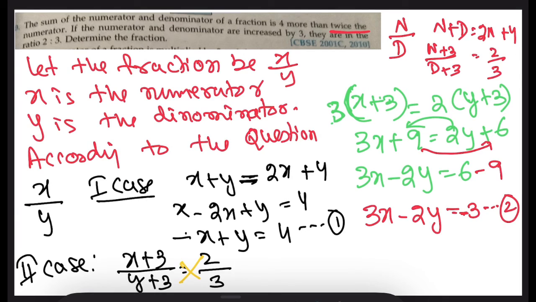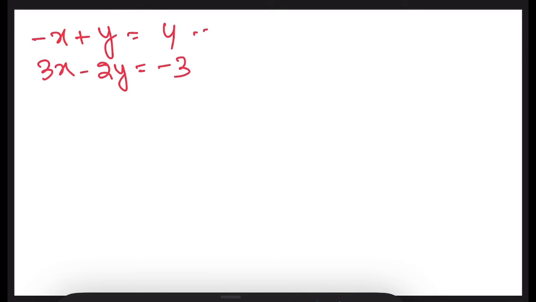Okay, now let's take the first equation and second equation. Minus x plus y equals 4, and 3x minus 2y equals minus 3. This is our first equation. This is our second equation. Now let's multiply the first equation by 2, because the coefficient of y in the second equation is 2, so that the variable y is numerically equal in both equations.